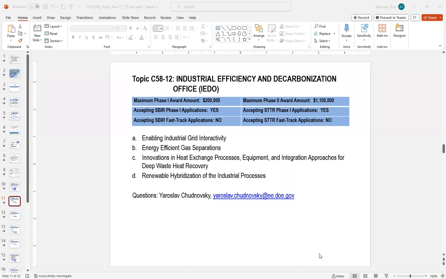So this subtopic is specifically focused on thin, high precision membranes for gas separations. And there are membranes that can do gas separations.